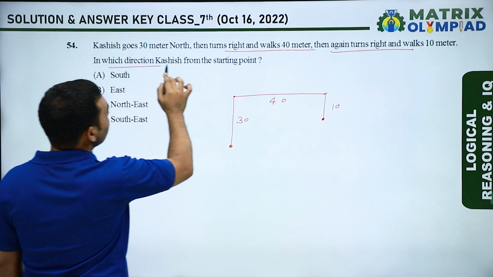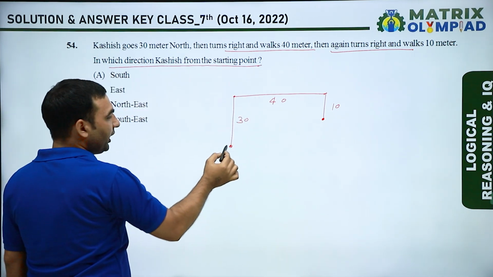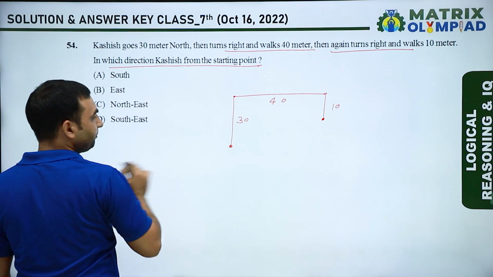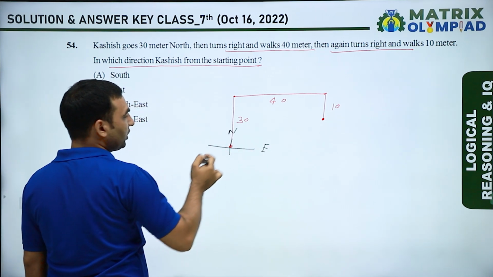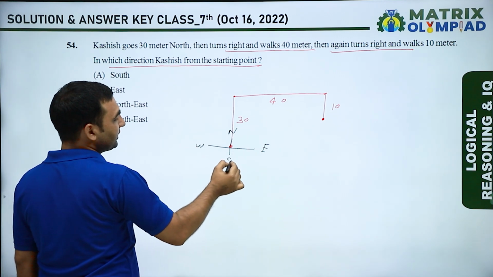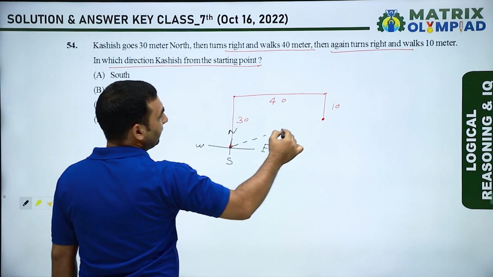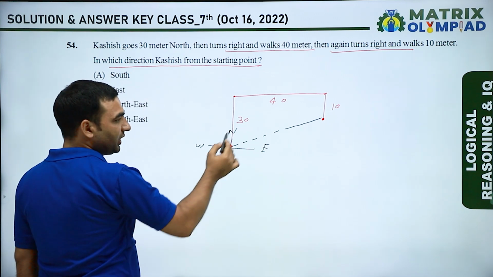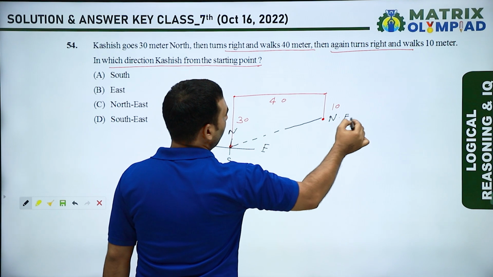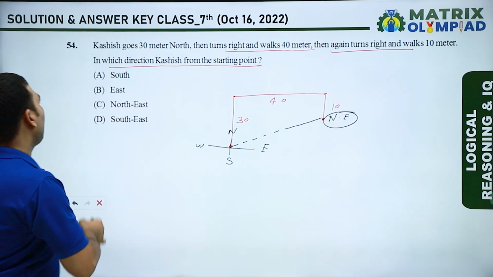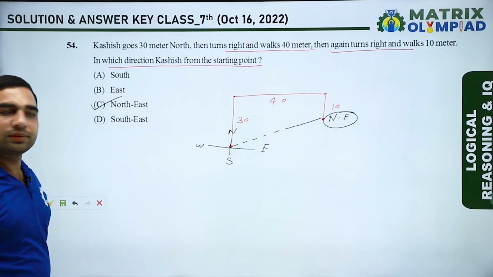In which direction is Cassis from the starting point? If this is our starting point, this is east, that is north, that is west, and that is south. Cassis is in this direction, between north and east. Our answer is the northeast direction. Option C is the correct answer.